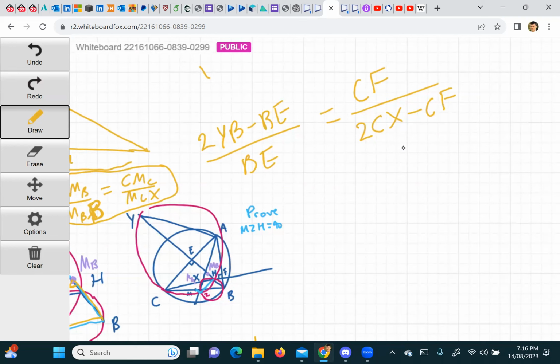YB on BE. YB on BE. That's exactly the external angle bisector theorem thing. Okay, so what's YB on BE? It should be AE on AB.